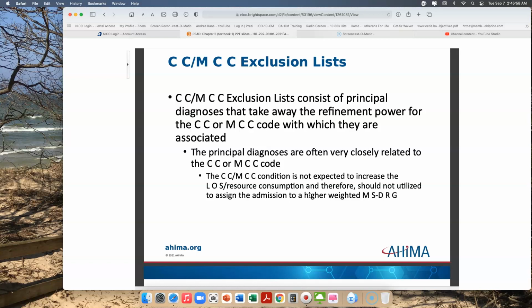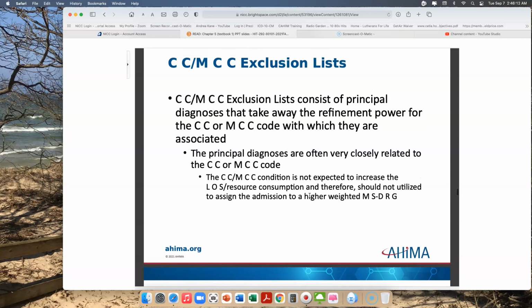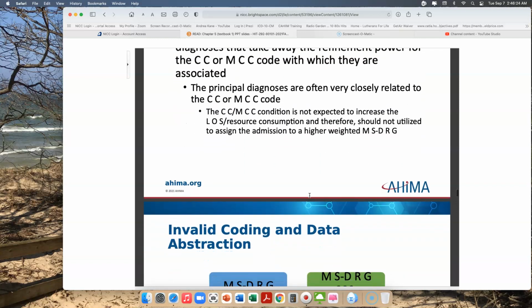They will tell you also when there's a principal diagnosis type change too. But make sure that you update yourself on an annual basis with what's on CCs and MCCs, because what's on a CC-MCC list changes, and what's on an exclusion list changes. So notice there's a difference there.